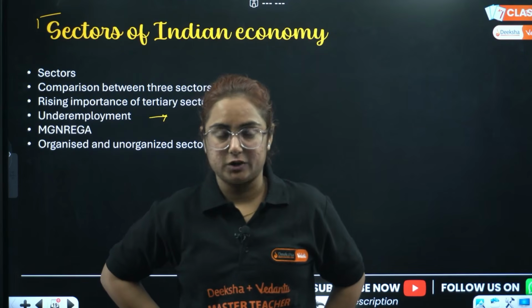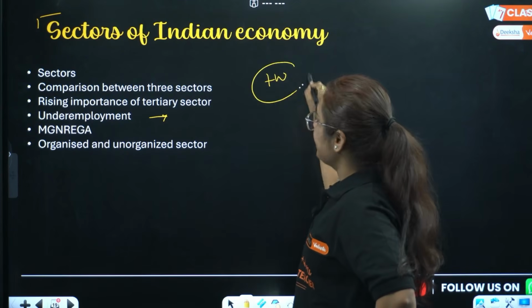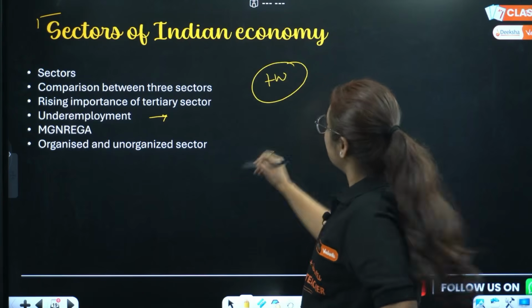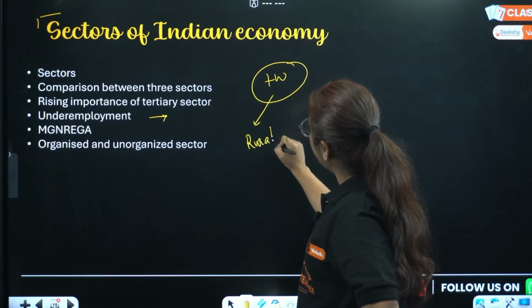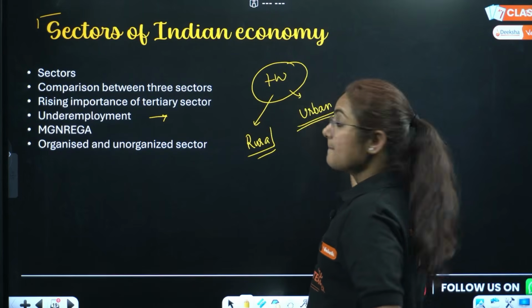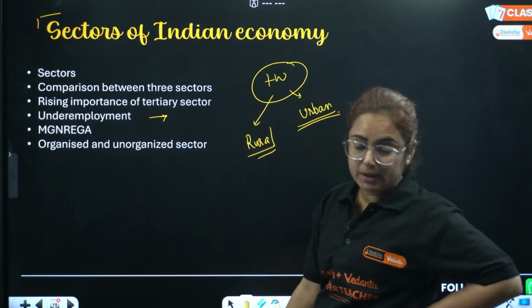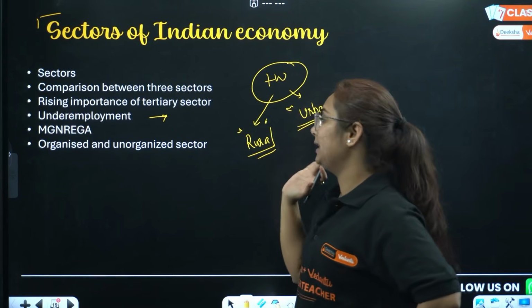Okay, very good. Now a question that you need to do right now as homework: how to increase employment in rural as well as urban areas? Note it down in your copy. One of the questions will come.